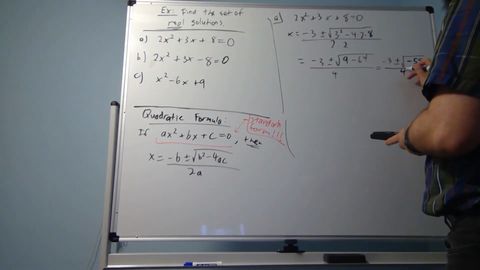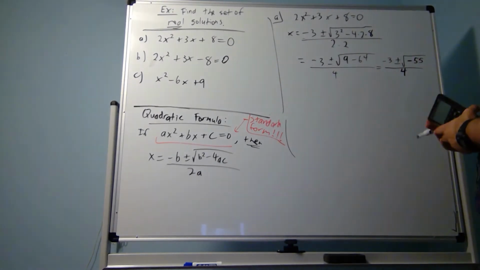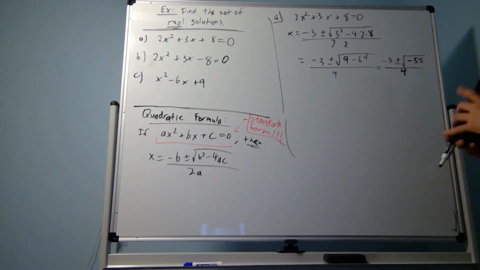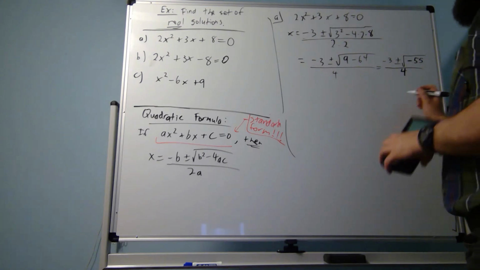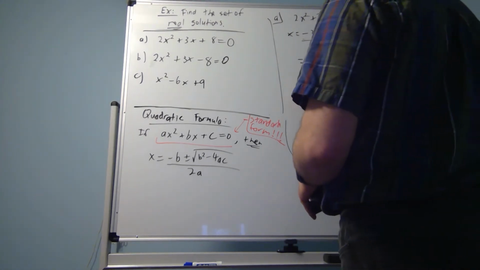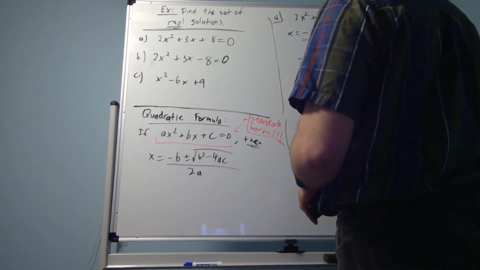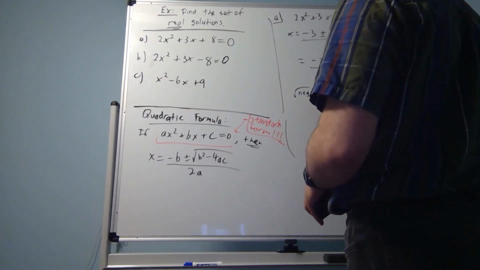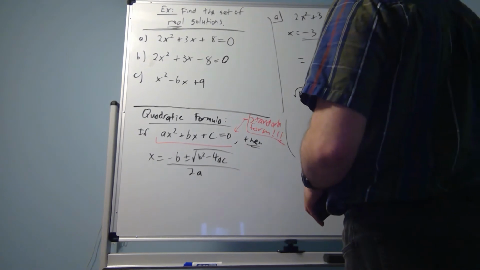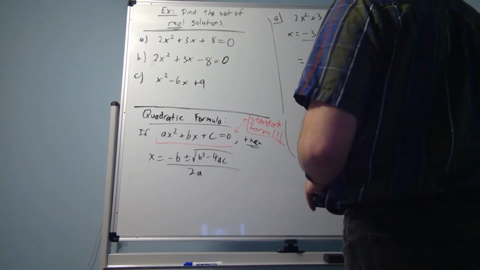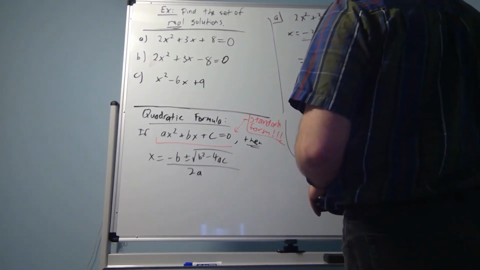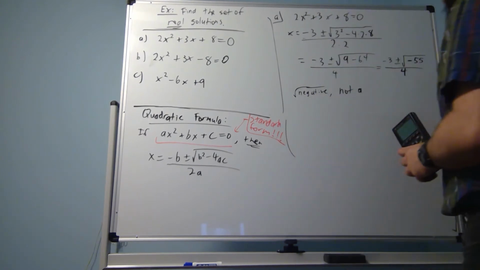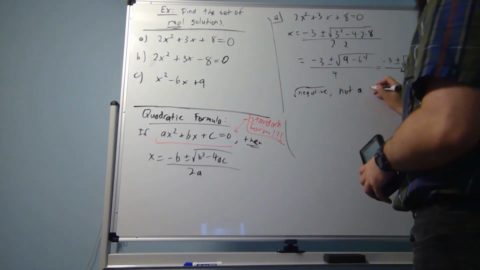Okay, so both solutions involve taking the square root of a negative number here, so let's just point that out. And there is no real number that you can square to get negative 55.